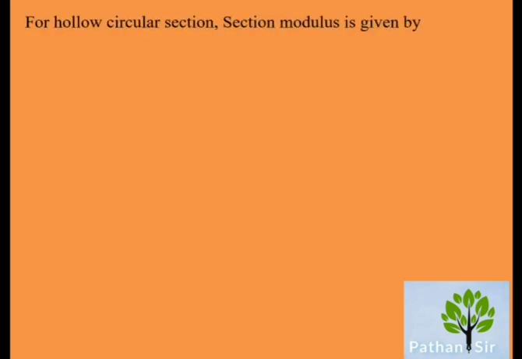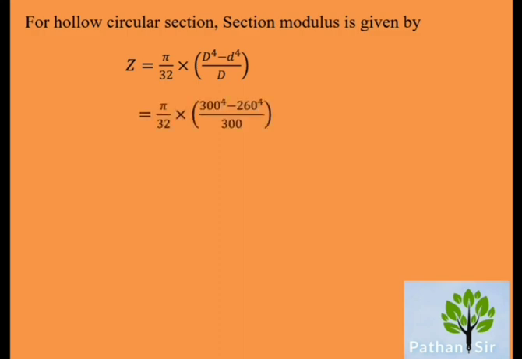In the first slide we gave the formula for section modulus for hollow circular section. Z is given by pi by 32 in bracket capital D raised to power 4 minus small d raised to power 4, divided by capital D. So Z is equal to pi by 32 in bracket 300 raised to power 4 minus 260 raised to power 4, divided by 300.